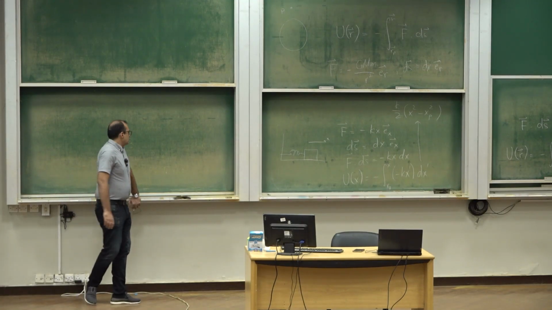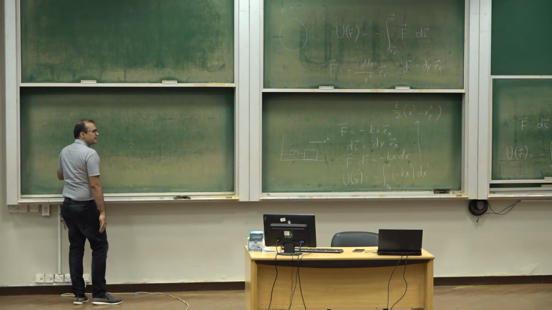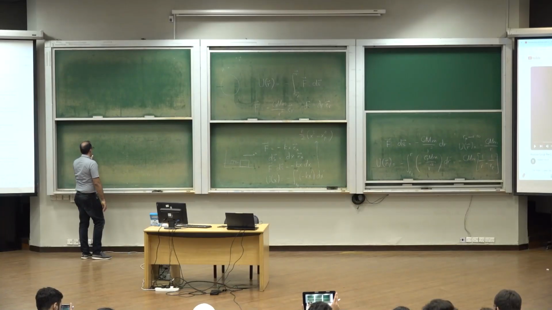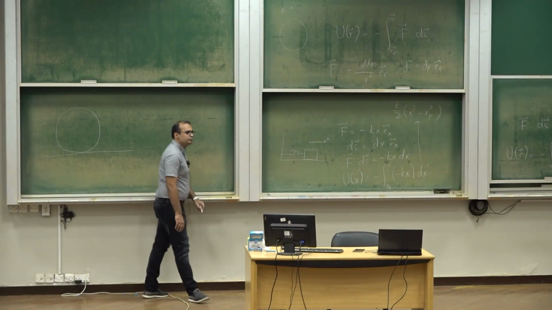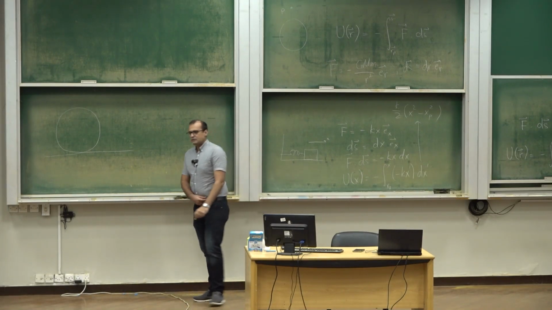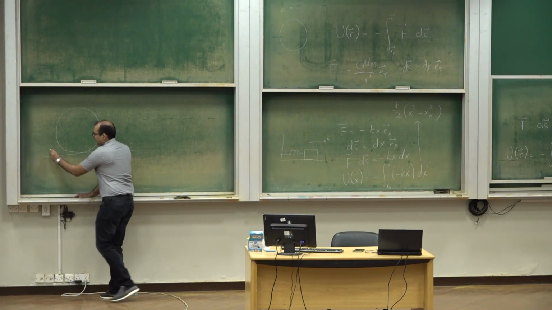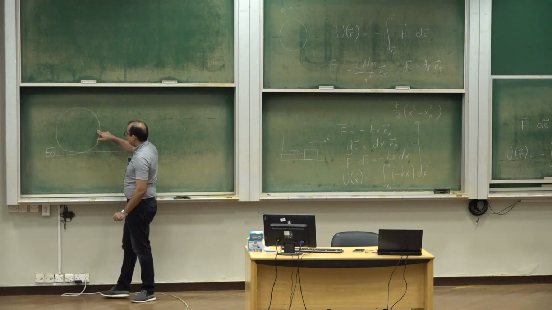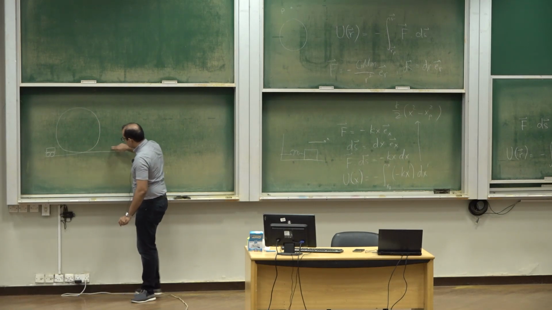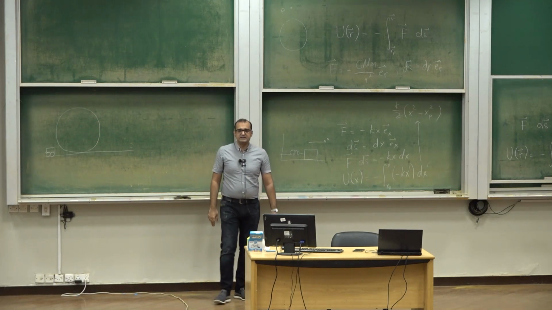Okay. A very simple example to begin with: you essentially have a looping track. A toy car can go into this looping track. It goes here, comes back down, and then completes the loop, and then exits.